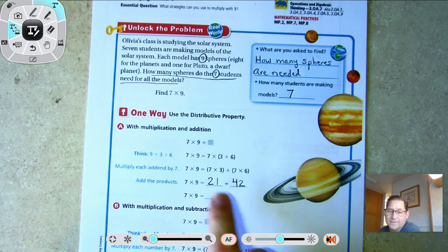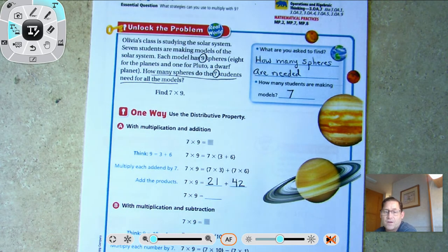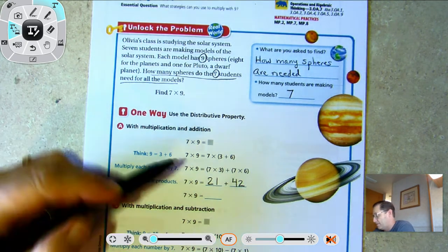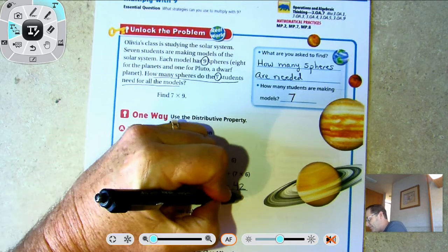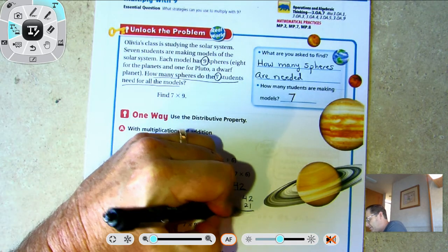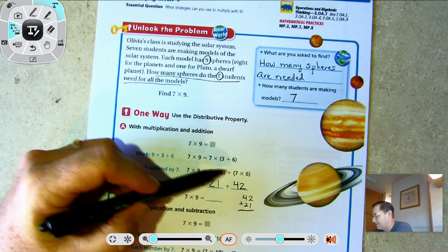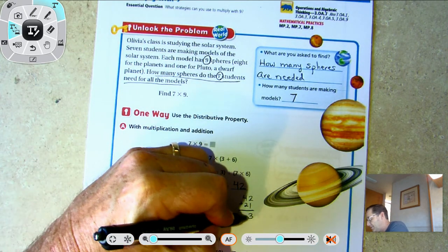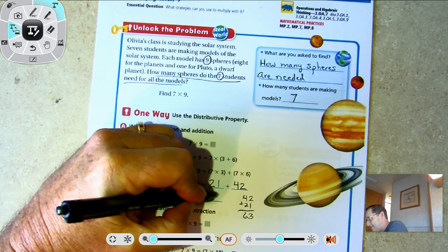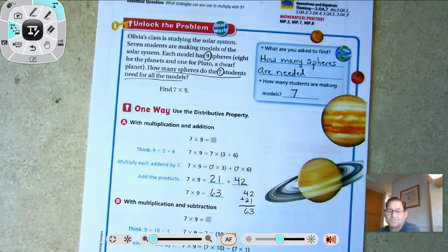So twice 21 is 42. All right, so 7 times 9 then is 42 plus 21. 7 times 3, 21. 7 times 6, 42. So 7 times 9 is 63.